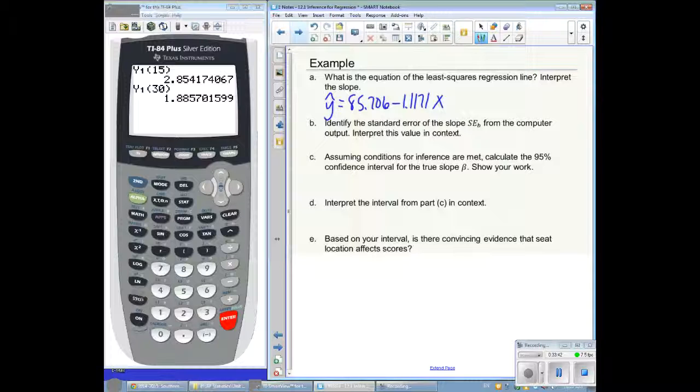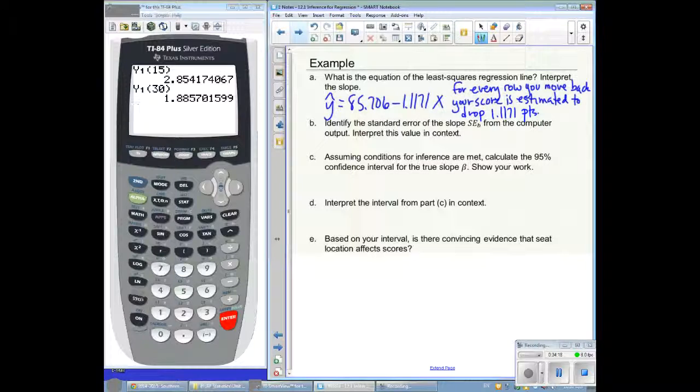That's not what the slope represents. For every row you move back, your score is estimated, now be careful about this part, because it's just estimated or approximate. And we'll assume that's in points maybe.